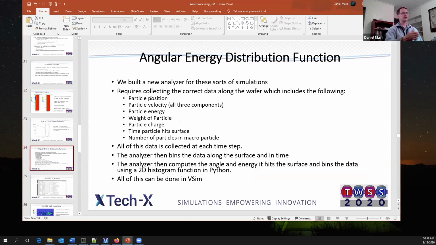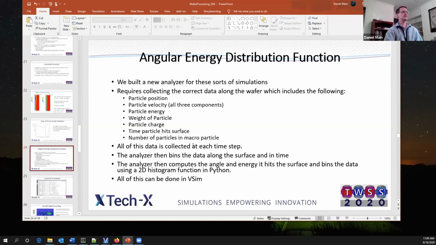Of course, you know the position along Z, it's hit the wafer, but it still collects it. Then it collects the position along R, the position along the wafer. It collects all three velocity components, the energy, the weight of the particle, the charge, the time the particle hits, which is very important, and then the number of particles in the macro particle.